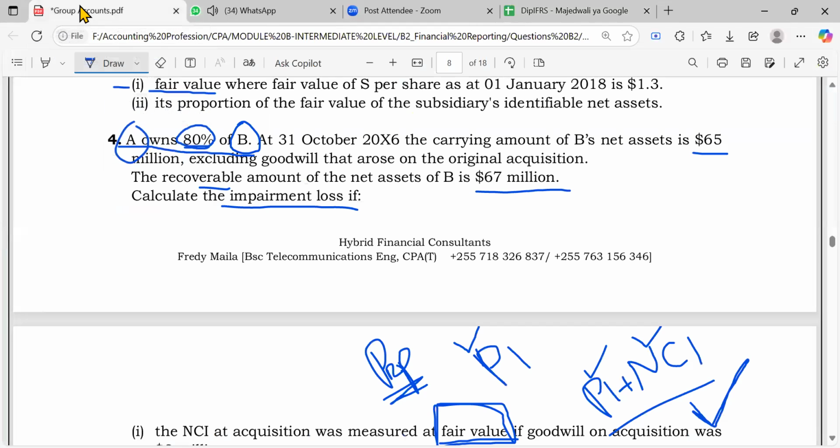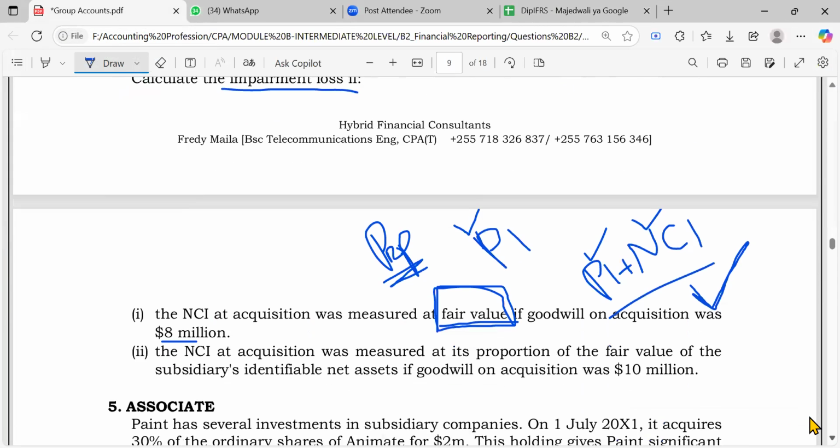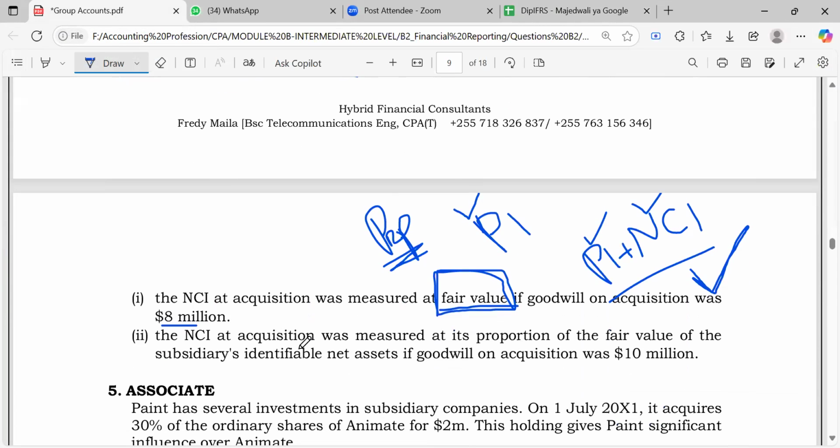Let's go to the partial goodwill. Roman 2 says the non-controlling interest at acquisition was now measured at its proportion of the fair value of the subsidiary's identifiable net assets. The goodwill at acquisition was 10 million.